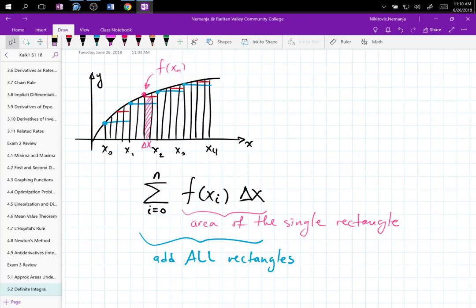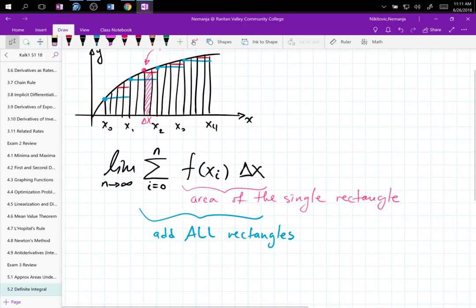And now the final step is to say, well, I'm going to make this infinitely many rectangles. Which concept would do that? I need to change that n up there into infinity. So which concept would send this to infinity? Limit. There we go. So now, limit as n goes to infinity.